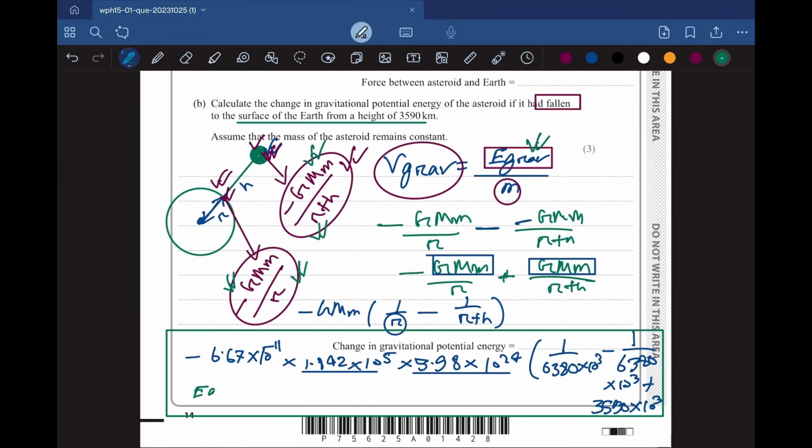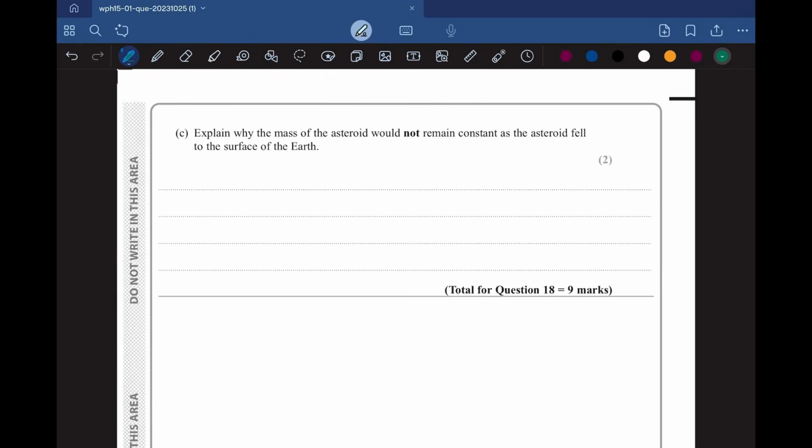Our E grav will be equal to minus 4.14 into 10 to the power 12 joule. So this is my gravitational potential energy, and we have multiplied this mass with the gravitational potential in both the parts. So that's how you will have to do this type of maths. Now moving on to the next.